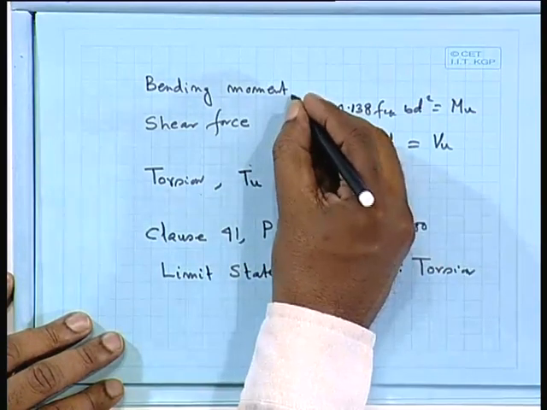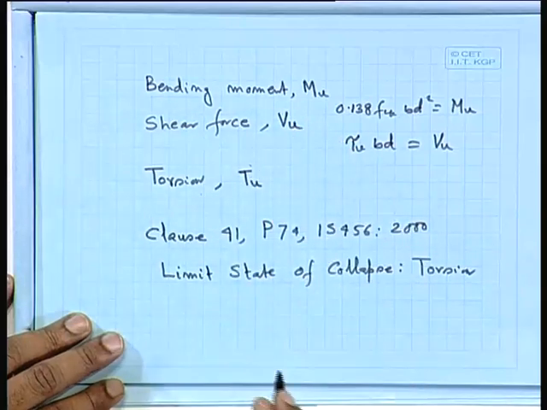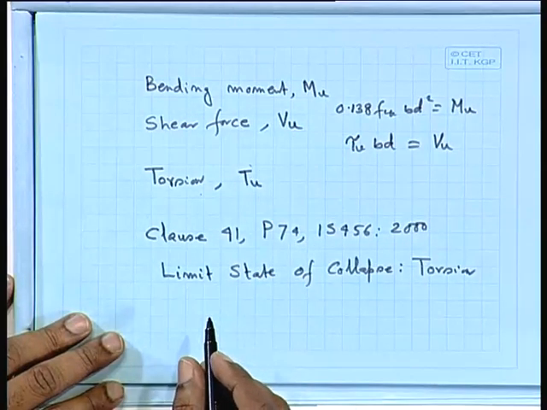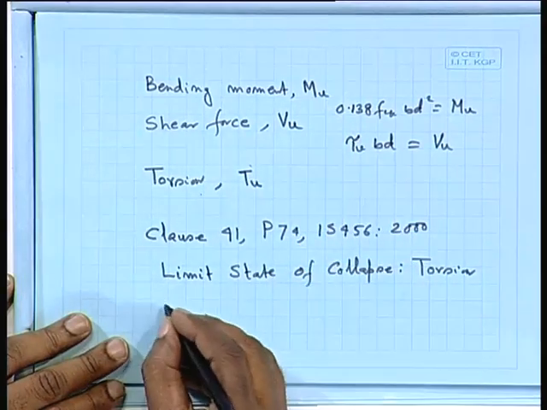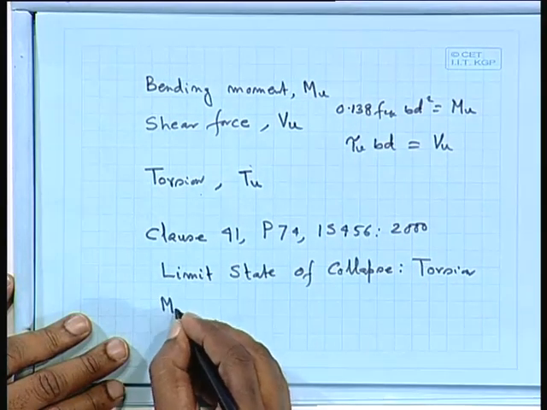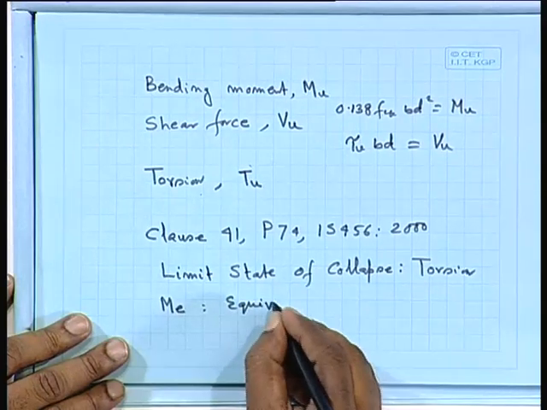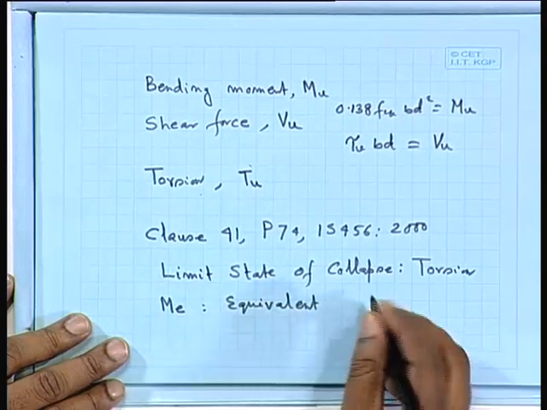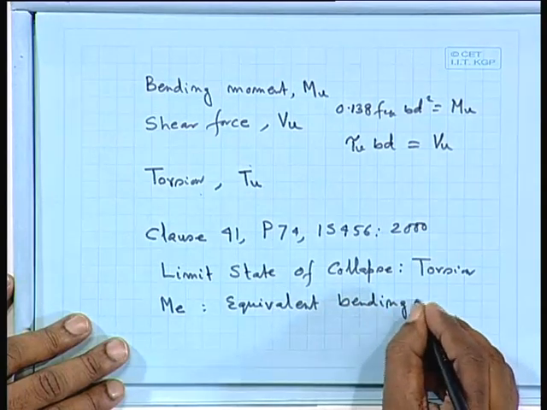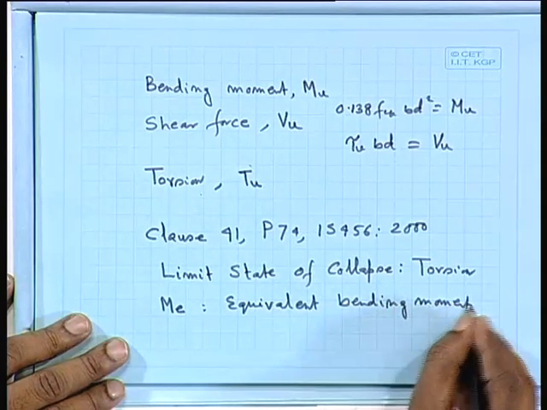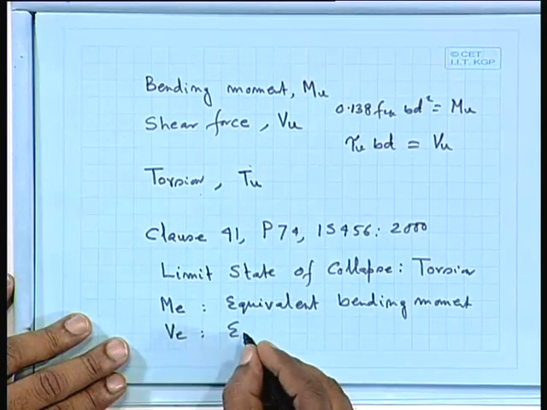If I say this is your Mu, this is your Vu, then we shall find out, which is a function of Tu and Mu also, Me, that is the equivalent bending moment, and Ve, that is the equivalent shear force.